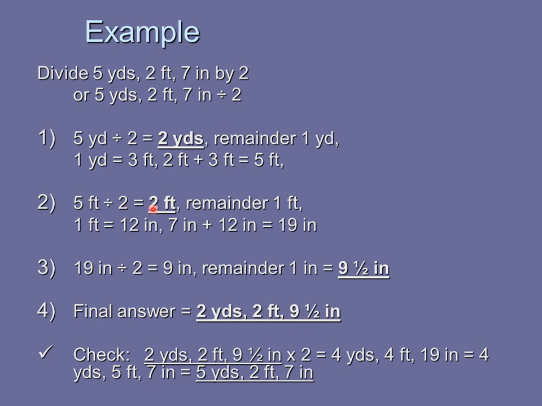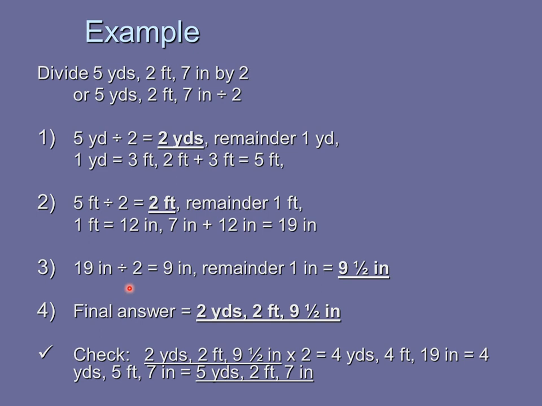Same problem. You'll get 2 feet, and there will be 1 feet remainder, and then that remainder will again convert to the next lower unit, which is inch. 1 feet is 12 inch. You had 7 inch in the question, right? You had 7 inch here, you got 12 inch here, so you add them to make it 19 inch. Now you again divide 19 inch by 2.